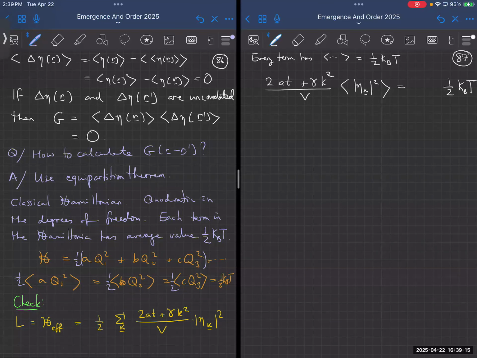We need to consider the negative value. Well, remember that I've just chosen a value k. Remember, k is just a label in reciprocal space. So you tell me what k you want. 17. Okay, k is 17.